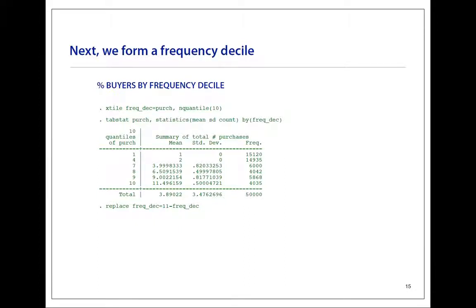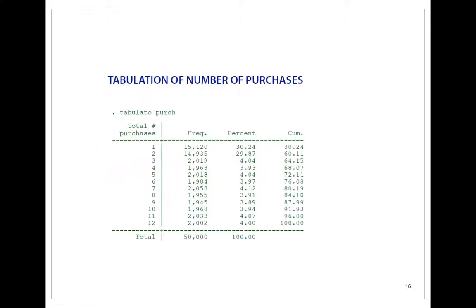This has to do with the nature of this frequency measure. The frequency measure is basically how many times you have made purchases. And so the frequency, the number of purchases, is highly discrete.